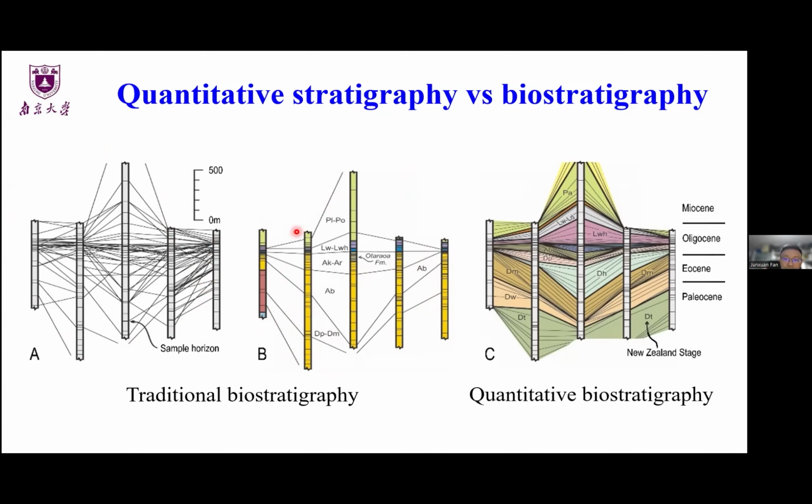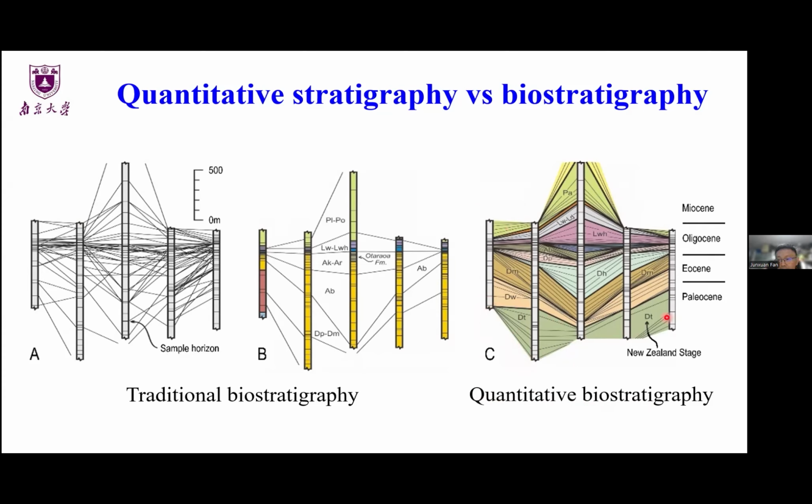So is it possible for us to use all the raw fossil record to establish the stratigraphic correlation? Yes, it's possible. That's why we have quantitative biostratigraphic work. Quantitative biostratigraphy tries to resolve the contradictions among different sections. It tries to adjust the first appearance or the last appearance of each taxon and make them consistent at each locality.